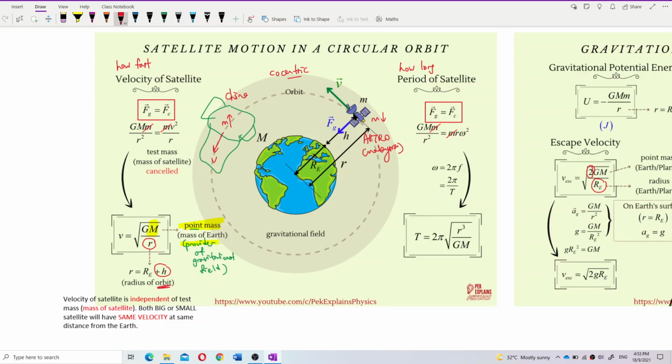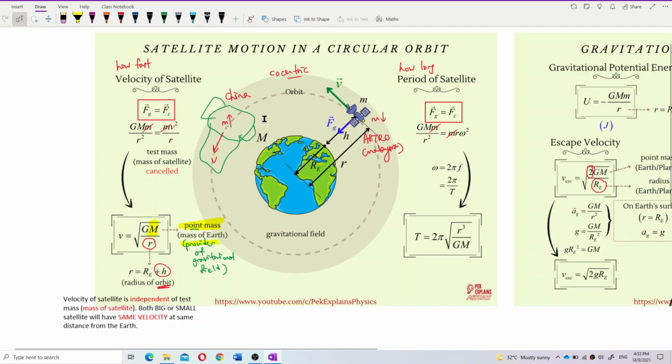The China satellite is bigger than our Astro satellite. So which satellite will travel faster in the orbit? Is it our Malaysia Astro or China?